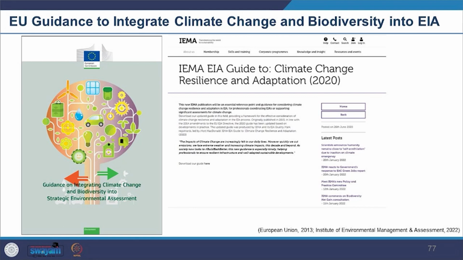However, inclusion of climate change in EIA has been promoted a lot through regulation, guidelines, training and also public engagement. We see that the EU has published guidance on how to integrate climate change and biodiversity, which we're going to see further in the method section also. I've provided you the link here. The Institute of Environmental Management and Assessment has also published guidance on climate change.